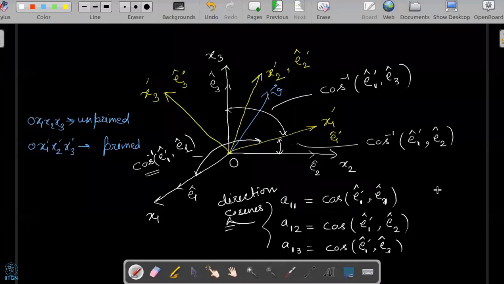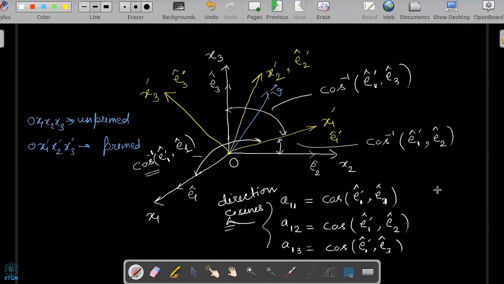Now, it seems a paradox. How can we say that? How do we check that? Let's say I am finding the components of a given vector or tensor with respect to the x1, x2, x3 coordinate system. I will have 9 components.